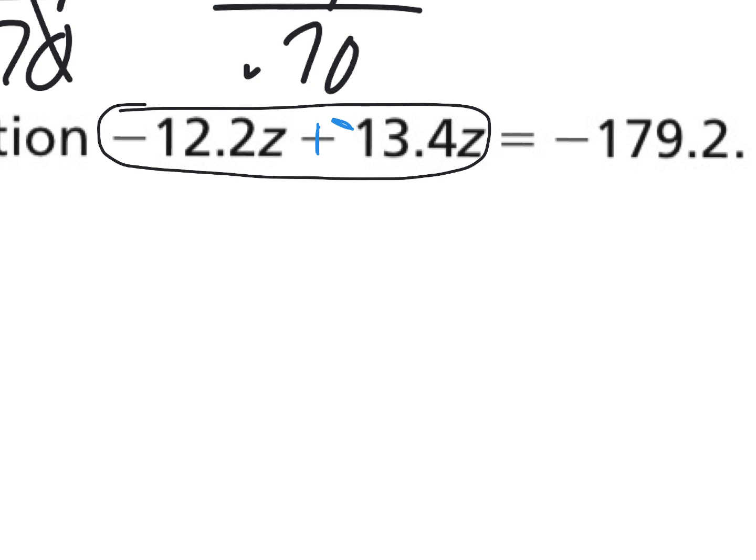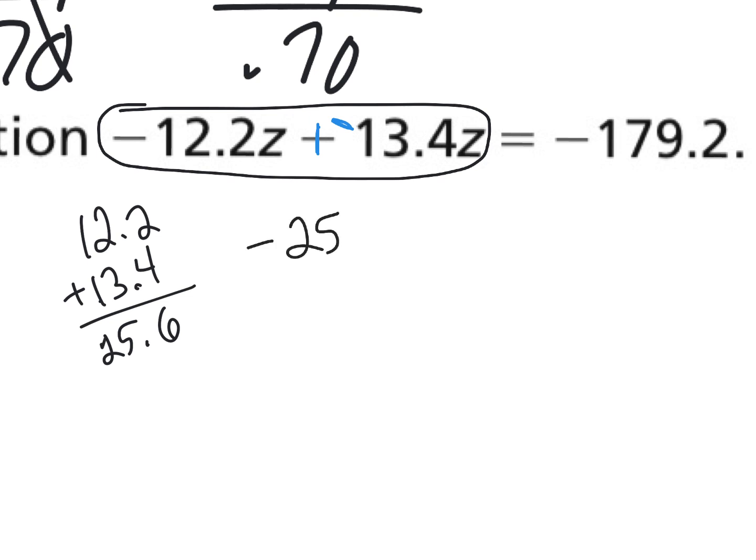This time they're working together. We got some negatives, we got some more negatives, so we're going to have a bunch of negatives here. So that would be 25.6, and those are all negatives, so negative 25.6Z.